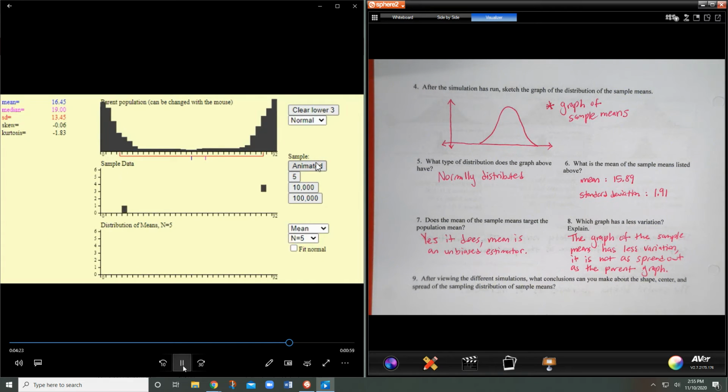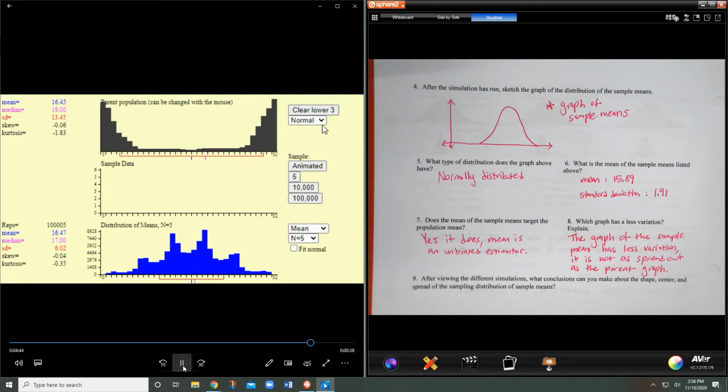Now, if we take samples of size 5, let's see what happens. Our distribution still is kind of wonky and crazy.